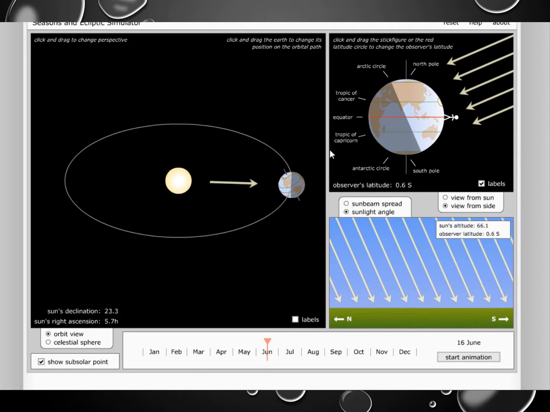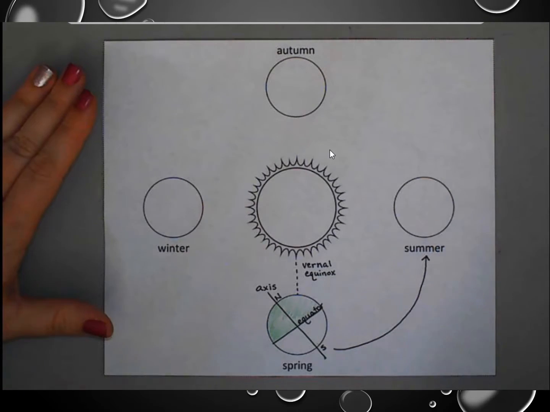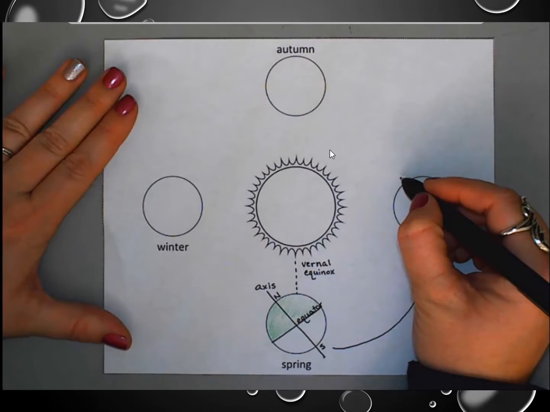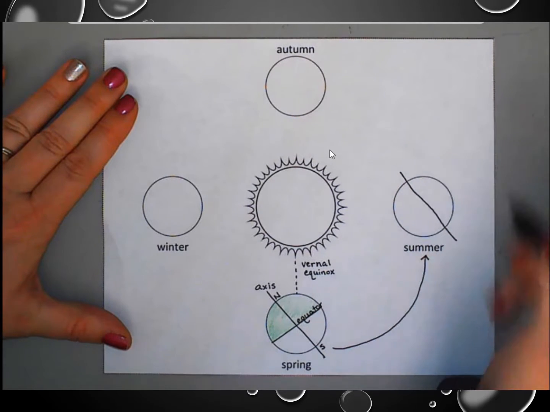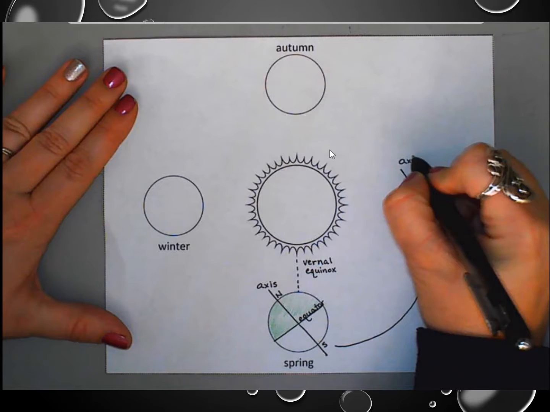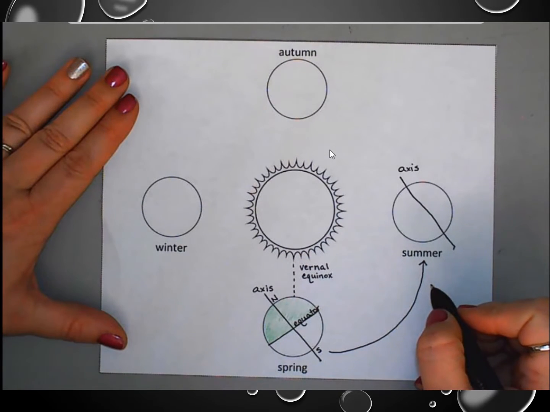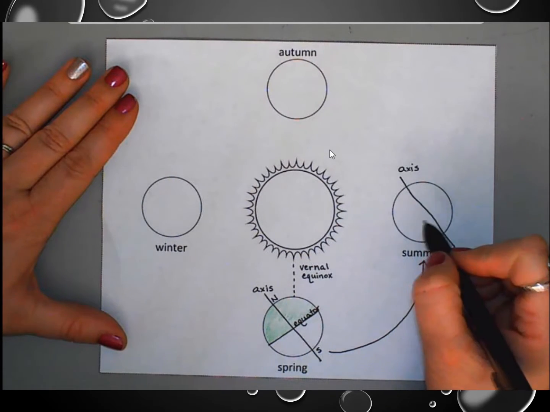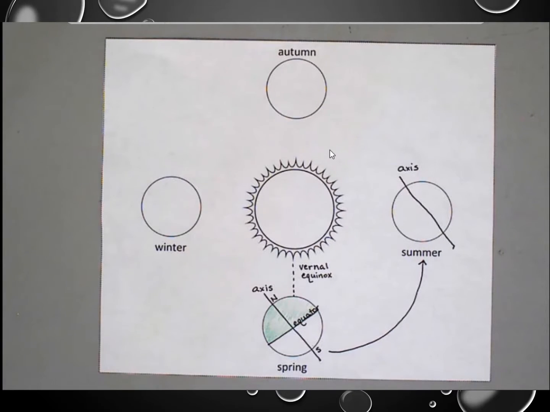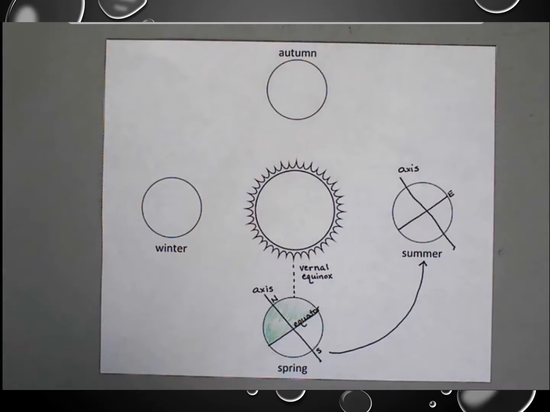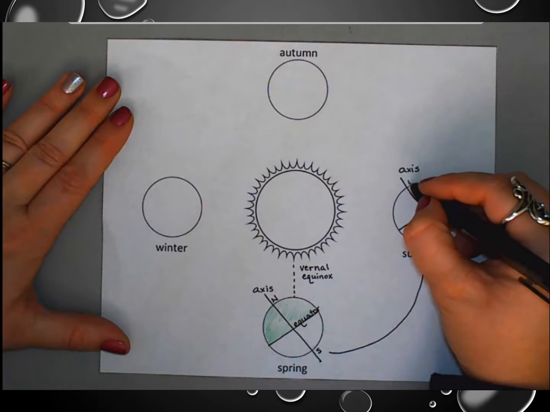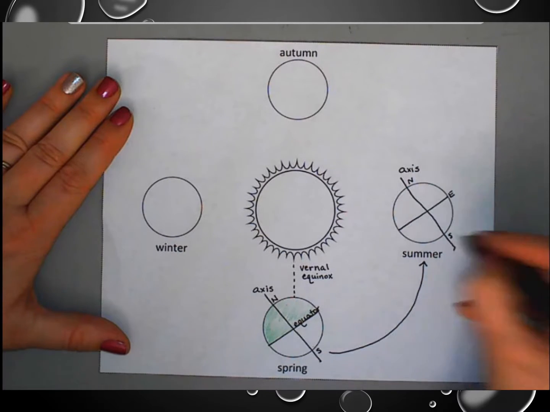So we're going to go back to our paper model, our paper diagram. I'm going to draw my axis. It's leaning towards the sun now. Oops, that should have been straight. Sorry. We still have our equator, that's dividing our northern hemisphere and our southern hemisphere.